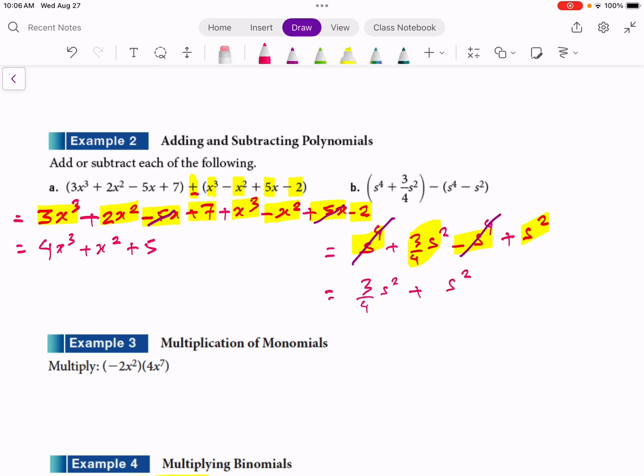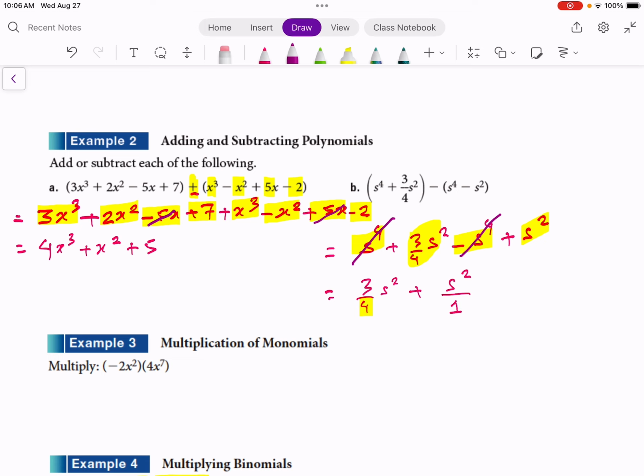So it's a fraction, right? So in order to add fractions, we need to have a common denominator. Okay, so here 4 is the denominator. Now how can we make the denominator of s squared equal to 4? So we have 1. In order to make it 4, what do we do?